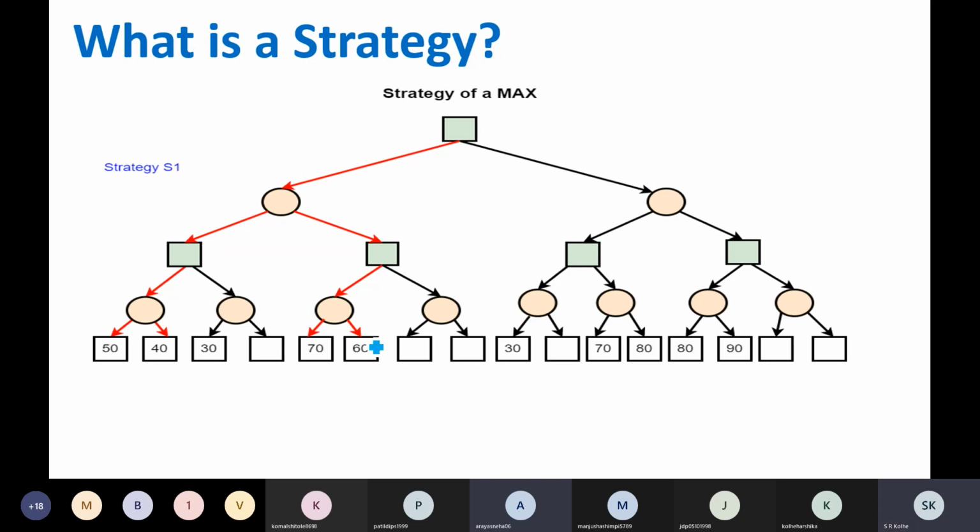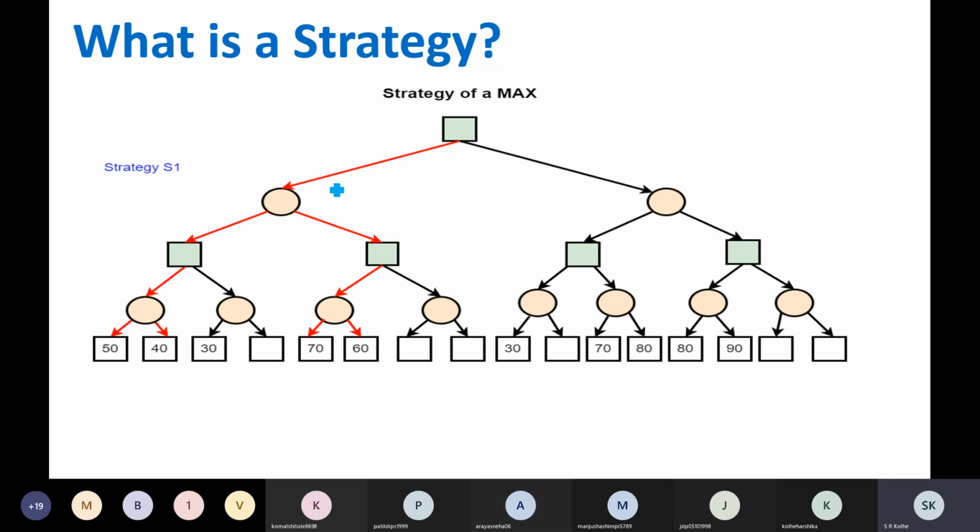In this game tree, we have 4 levels, and here I have shown strategy S1, where the branches are marked in red color lines.